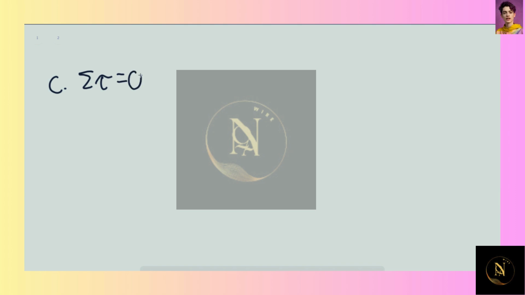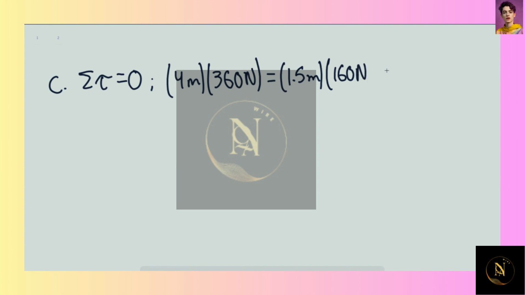We still have rotational equilibrium. However, now they just want us to find x. So we can say that 4 meters times 360 newtons is going to equal 1.5 meters times 160 newtons plus x meters times 3 over 5 times 740 newtons.